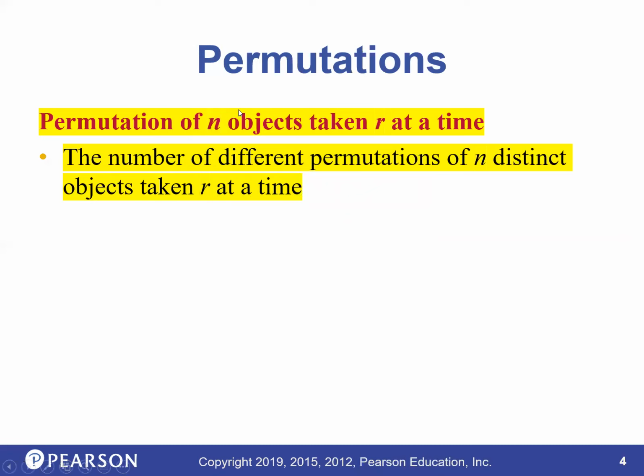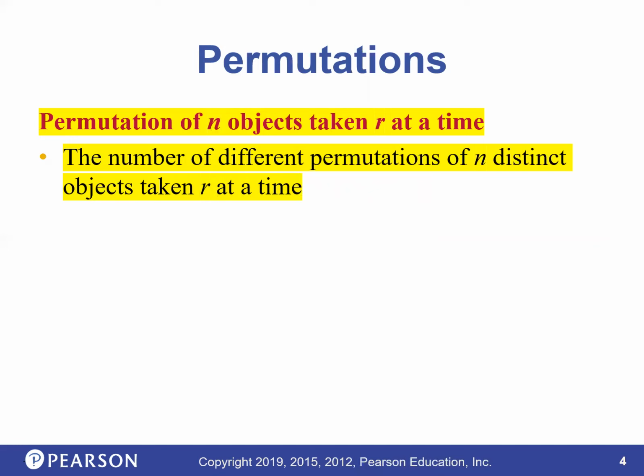Permutation means you're going to take n objects and pick out r of them at a time. So let's say for the first row we had 9 different possibilities, but you're only going to take 3 of them at a time. That's what this means here. Now the question is, how many different ways can I make that happen?